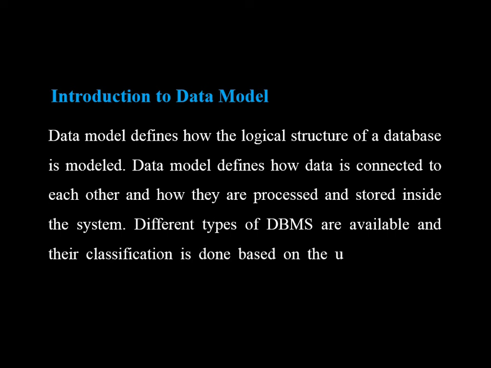There are many types of data models such as relational data model, network data model, hierarchical data model, object oriented data model, entity relationship data model, etc. In this book we are introducing relational data model.